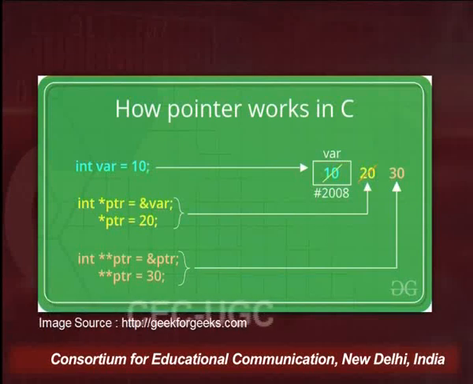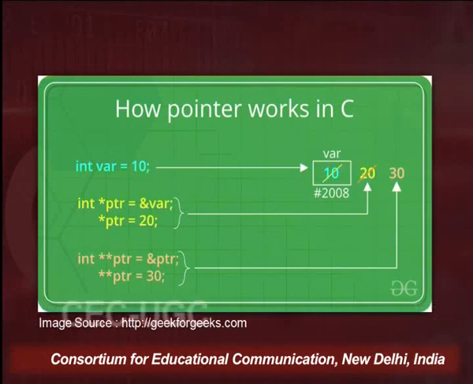So integer asterisk ptr equals ampersand var essentially means that the address of var is being stored into ptr, and as per the declaration the compiler allows it, because you have already told the compiler that ptr is a pointer variable which is going to store the address of an integer variable.